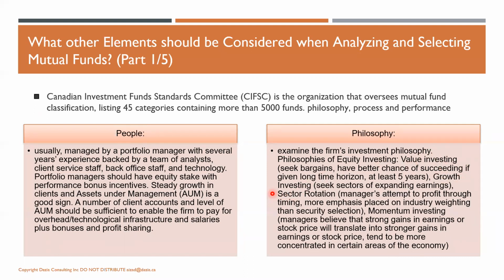So they move their money around into different sectors, different industries. That is another philosophy. And then there's momentum investing. Managers believe that strong gains in earnings or stock prices will result in stronger gains in earnings or stock prices, and they're more concentrated in certain areas of the economy.